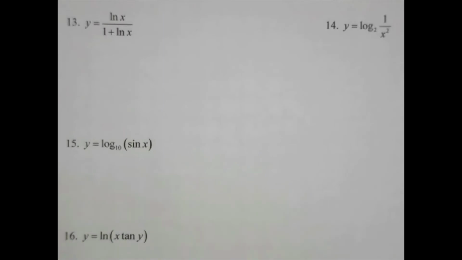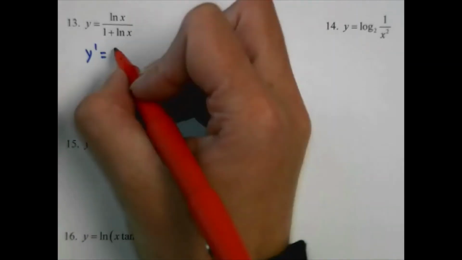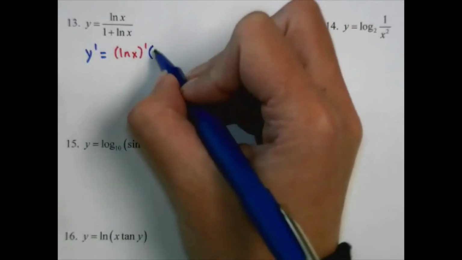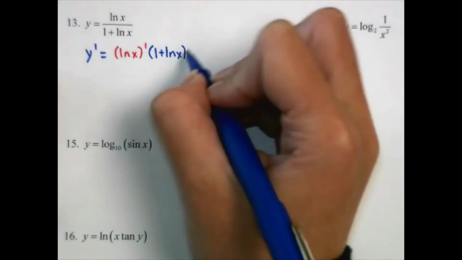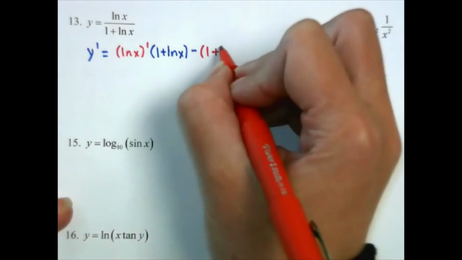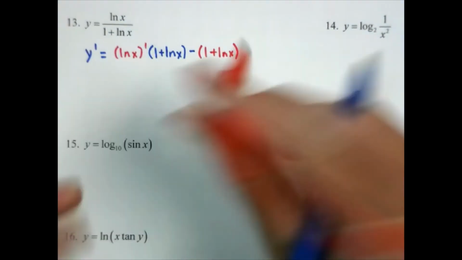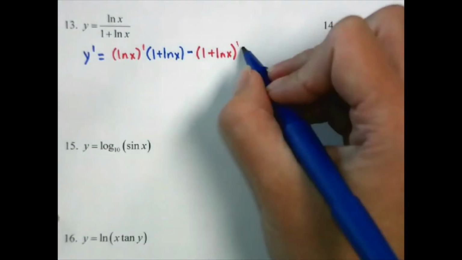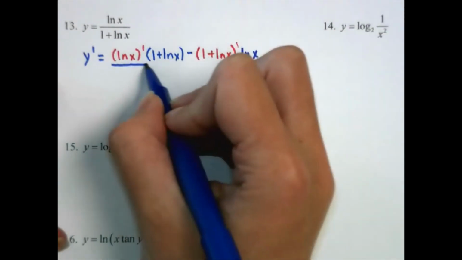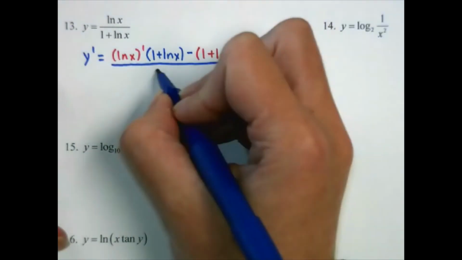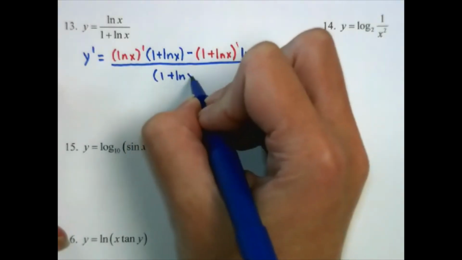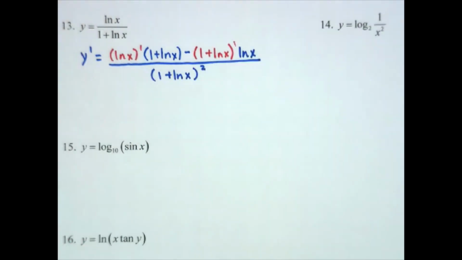Next we have a quotient. So y prime equals the derivative of the top times the bottom, minus the derivative of the bottom times the top, all over the bottom squared.